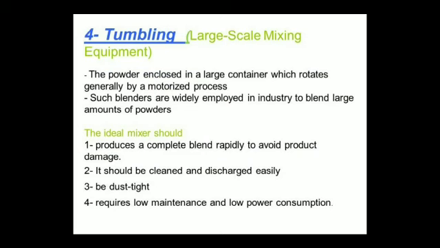The ideal characteristics of tumbling mixers are that they produce a complete blend rapidly to avoid product damage. Cleaning is easy and discharging the product is also easy. They have dust tight containers, and they require low maintenance and low power consumption.